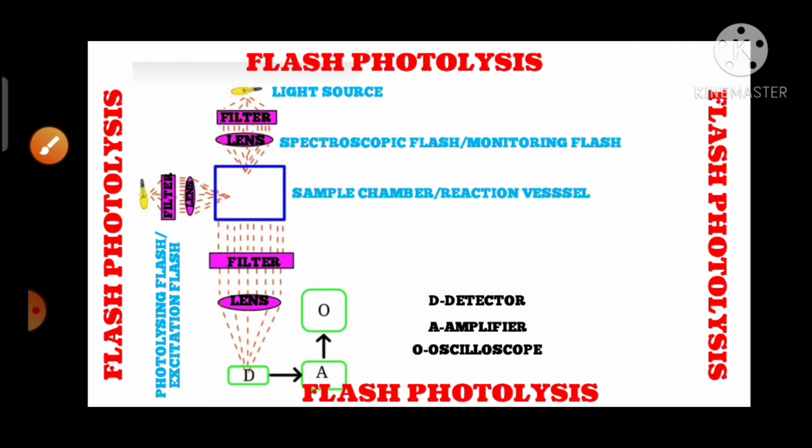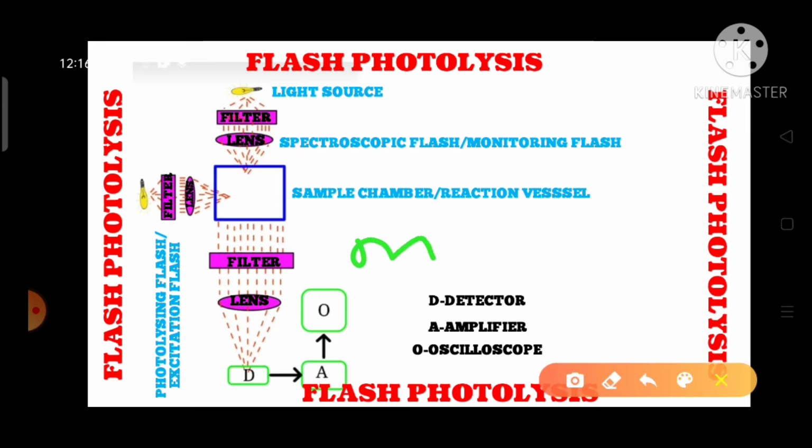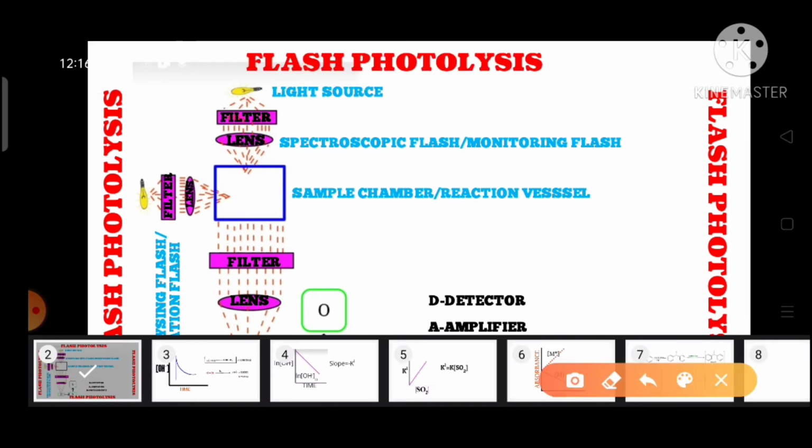When such a large amount of energy is supplied to the substrate for 10 microseconds, what happens? The reactant substrate molecules get energy and go into the excited state. Assume that M is the substrate, the reactant molecule.